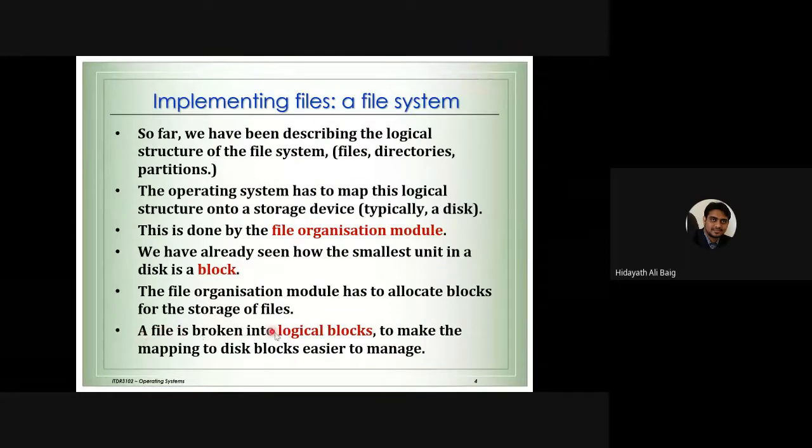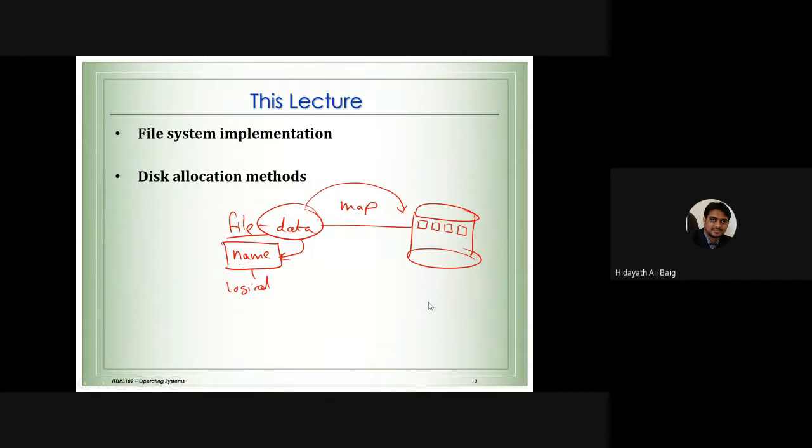A file is broken into logical blocks to make mapping to the disk blocks easier to manage. So what happens here? Our file is also divided into blocks. What we need to do now is, for each logical block, put it onto a physical block.